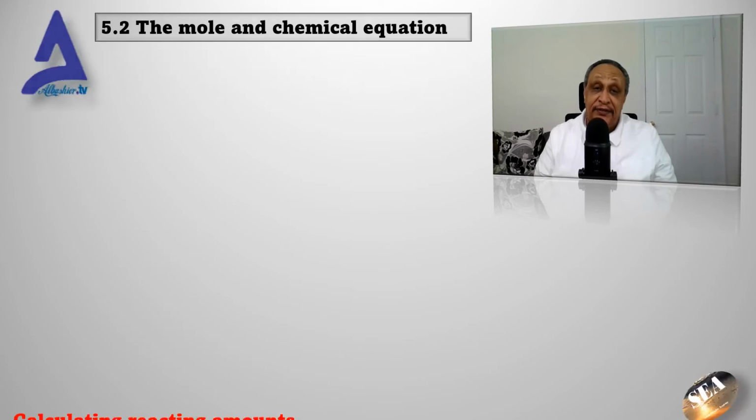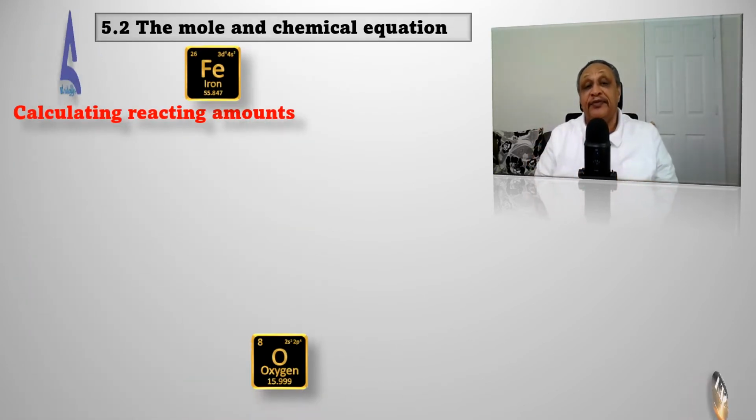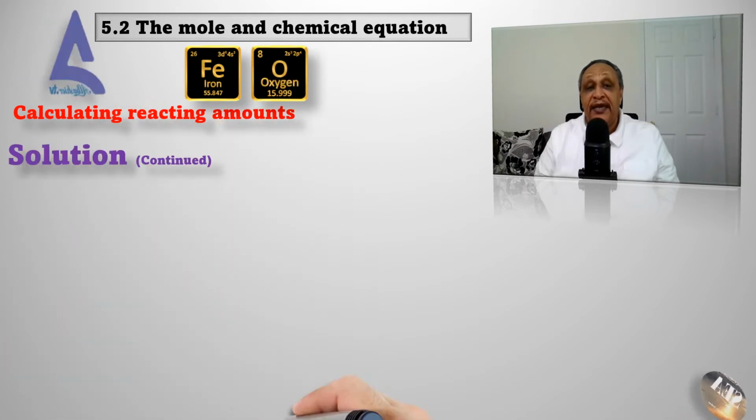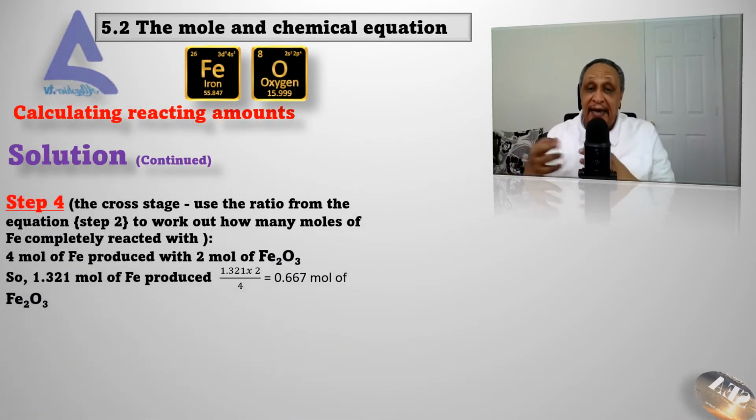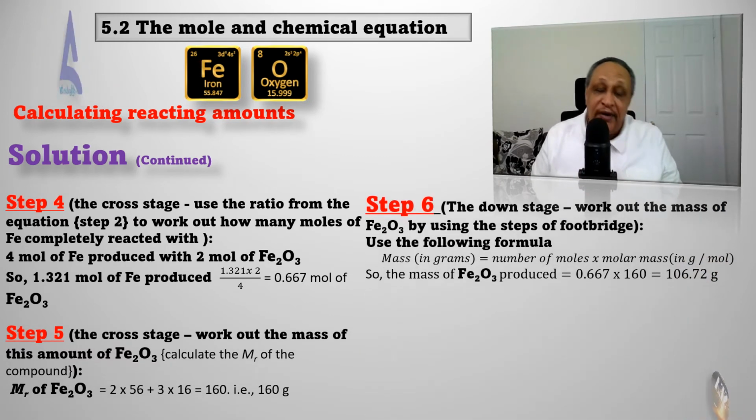In our first part, we just completed the reaction. We did all our work and also brought out the number of moles of each. Now here we are going to do something else.